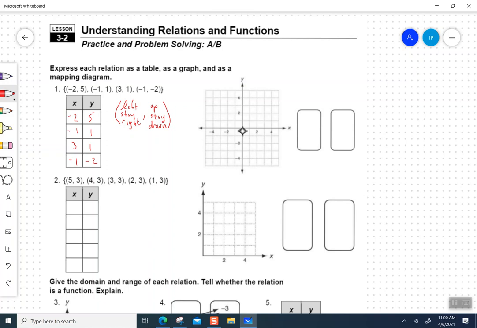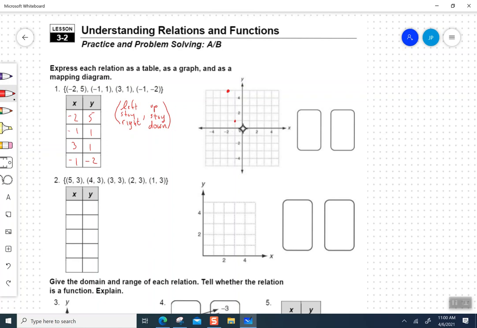First one is going to be (-2, 5). Go to the origin, go -2, which would be left 2, 1, 2. Then we're going to go up 5, 1, 2, 3, 4, and there's my first dot. Next one's going to be (-1, 1). So we're going to go left 1, up 1. There's my next dot.